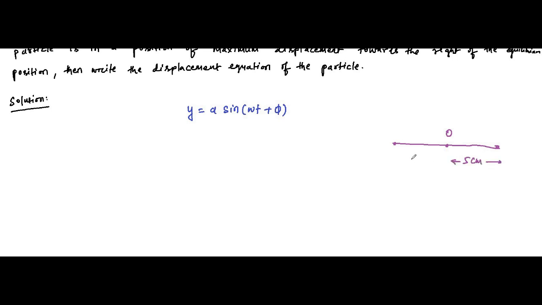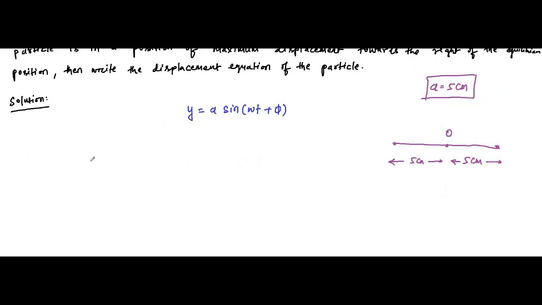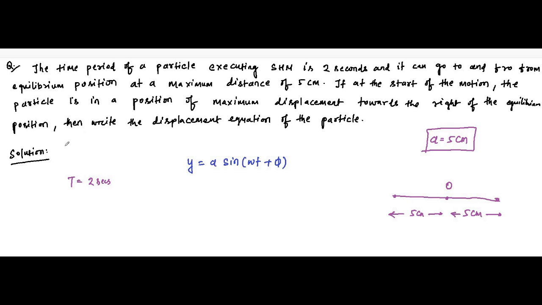Here also 5 centimeters, but here it is negative. So here amplitude A is equal to 5 centimeters. Then it is given that the time period T is equal to 2 seconds.